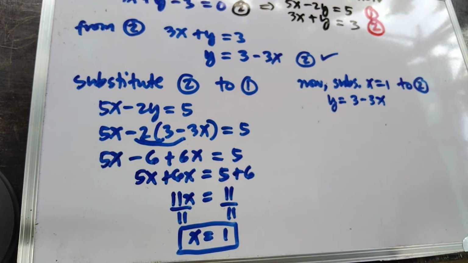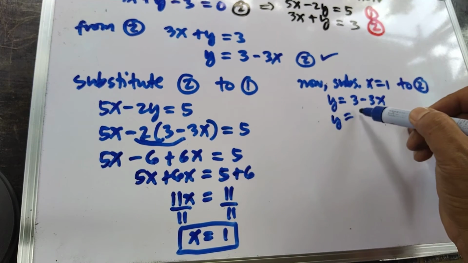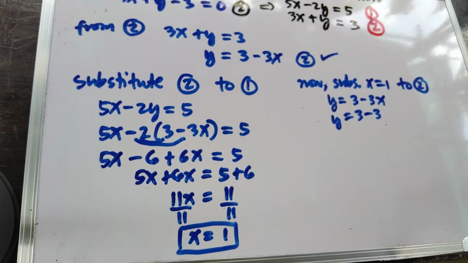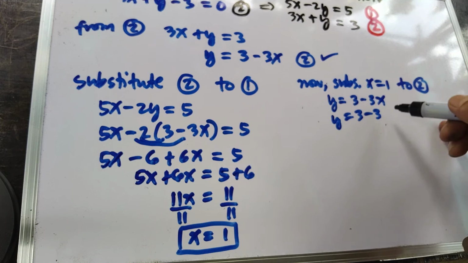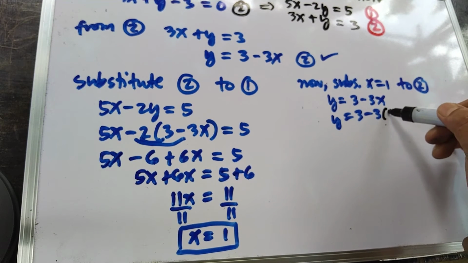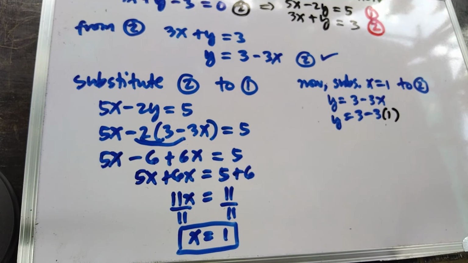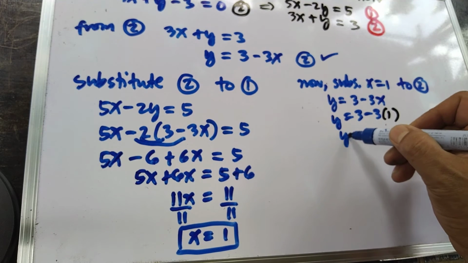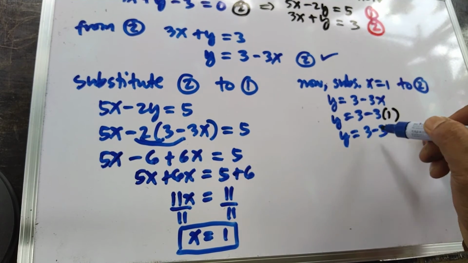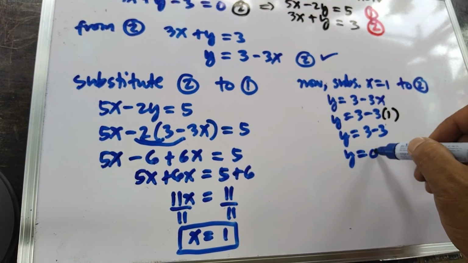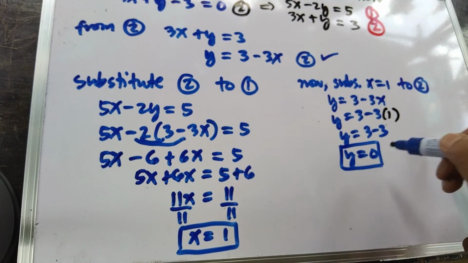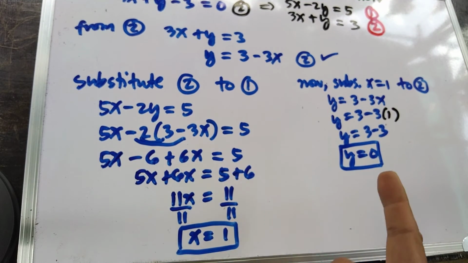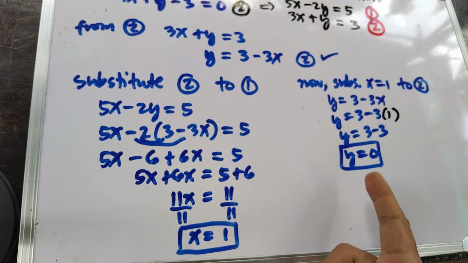That is y is equal to 3 minus 3, substituting the value of our x equal to 1. Therefore, y is equal to 3 minus 3, y is equal to 0. So we have come up with x is equal to 1, y is equal to 0.